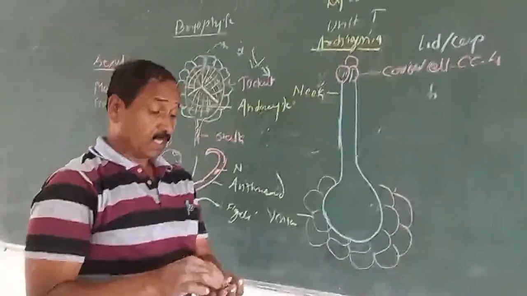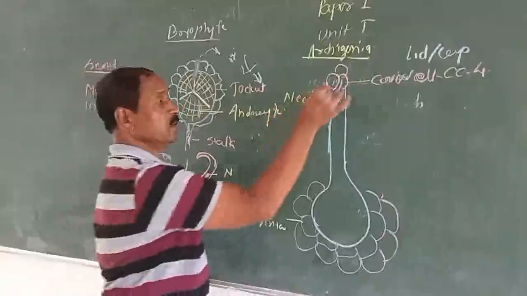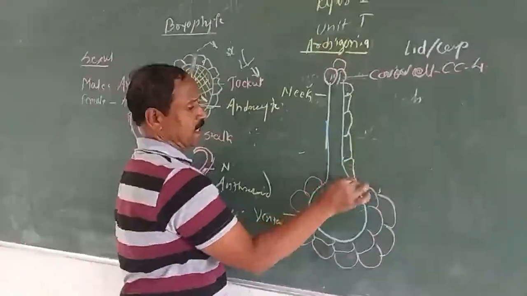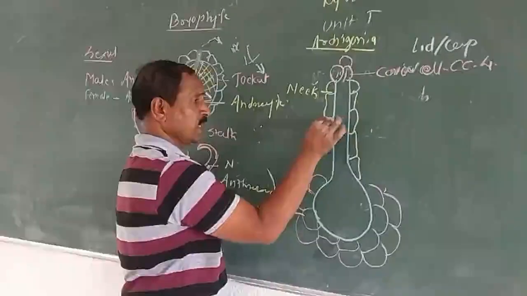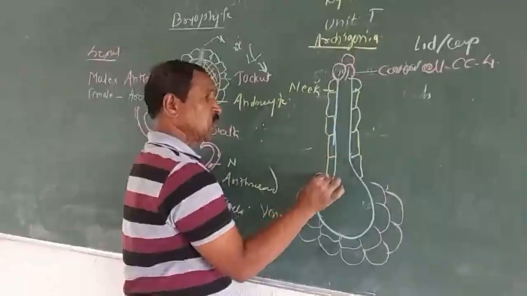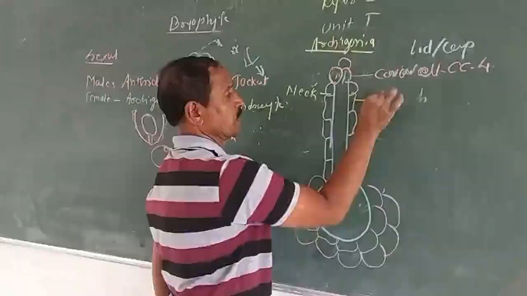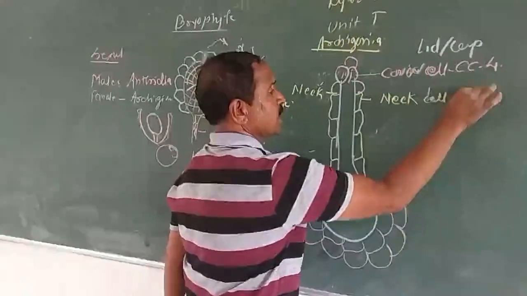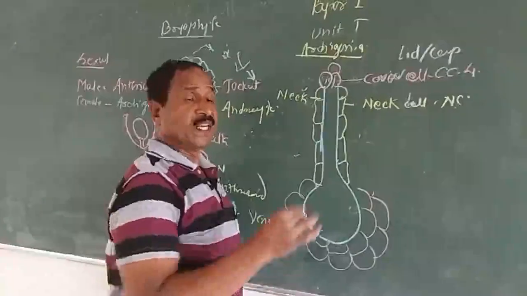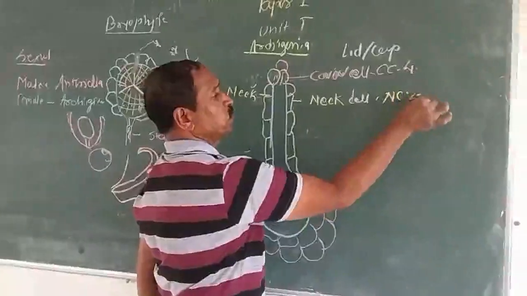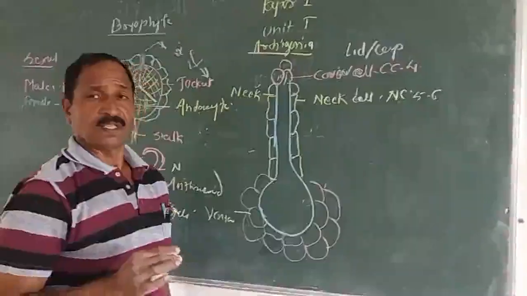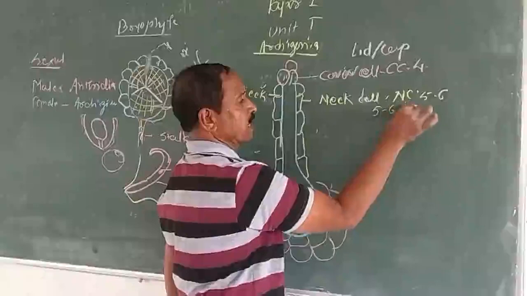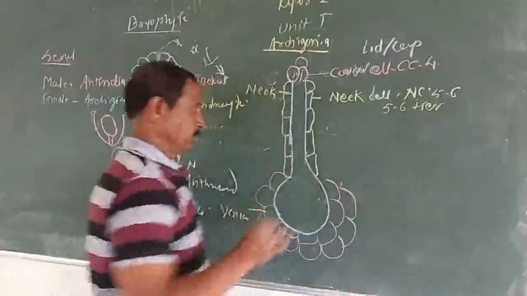Below the cover cells, 5 to 6 neck cells are present. These are called NC. The neck cells are 5 to 6 tiers.